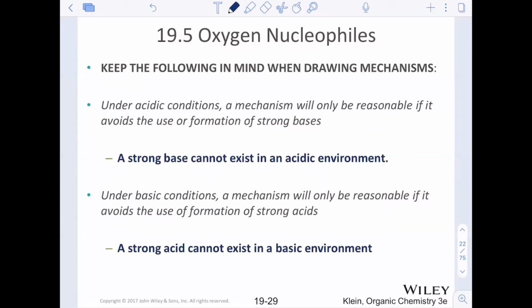In a mechanism with basic conditions, it's only reasonable if it avoids the use or the formation of a strong acid. A strong acid cannot exist in a basic environment, right? So minuses stay with the bases and pluses stay with the acids.